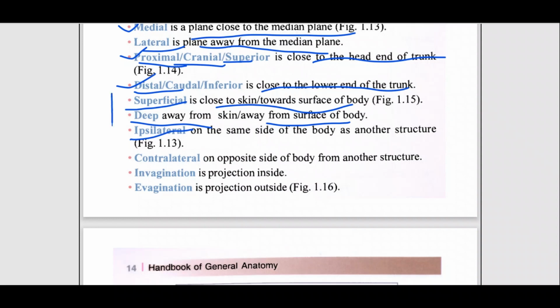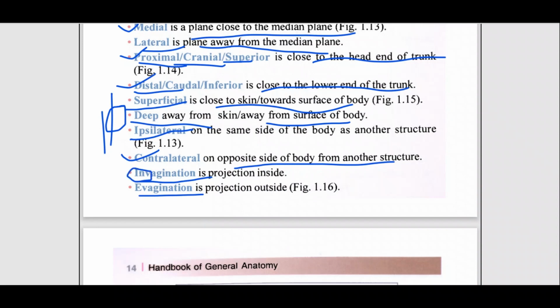Deep means away from skin or away from the surface of the body. Ipsilateral means on the same side. However, इसका जो opposite है, that is contralateral, which means opposite side of the body from another structure.